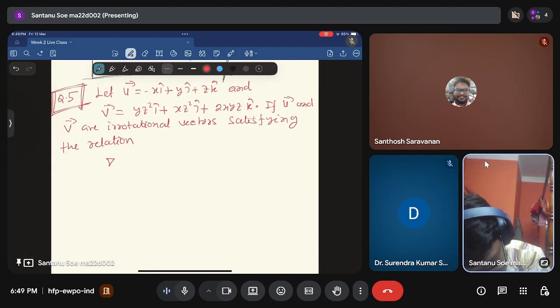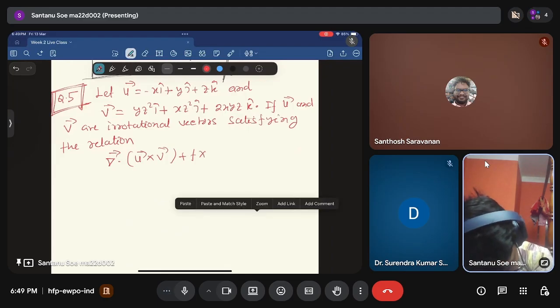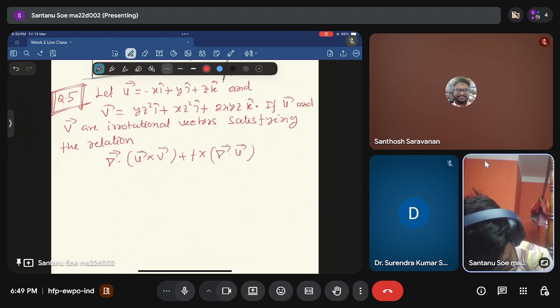divergence of u cross v plus f times divergence of u plus u dot v equals 0. Okay.